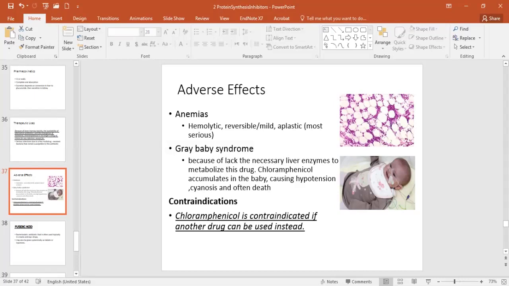Contraindication: it is contraindicated if another drug can be used instead. Simply, as long as you have another choice of antibiotic, an alternative drug, chloramphenicol is contraindicated, because its side effects are very serious.